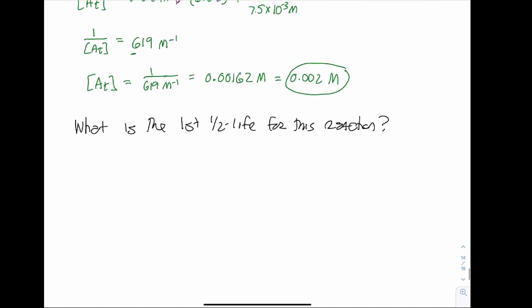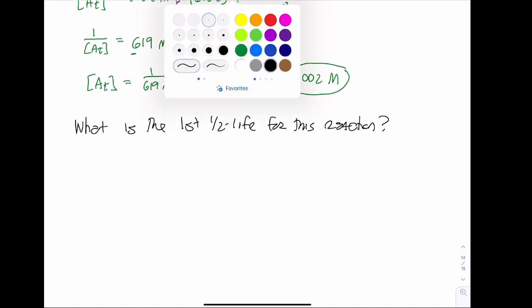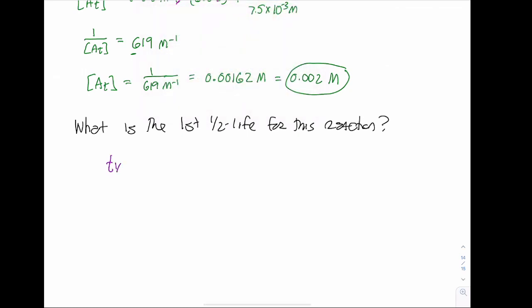So using our half-life equation, I have that my half-life is equal to 1 over my rate constant multiplied by my initial concentration. So plugging those numbers in, my rate constant was 0.810 molar to the -1, seconds to the -1.